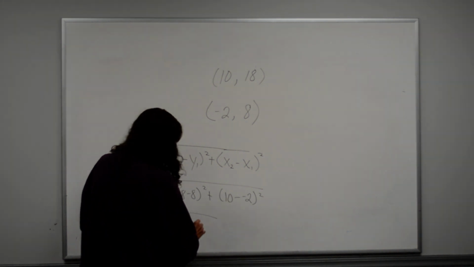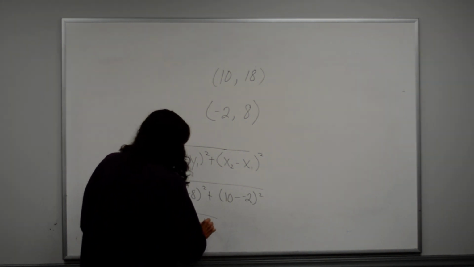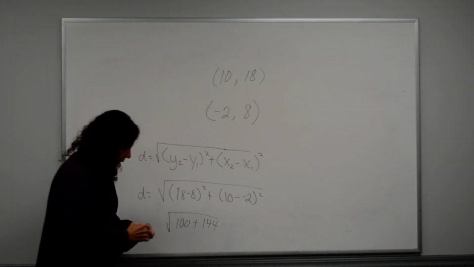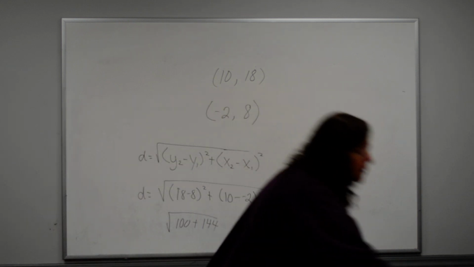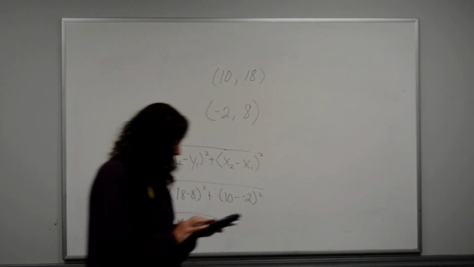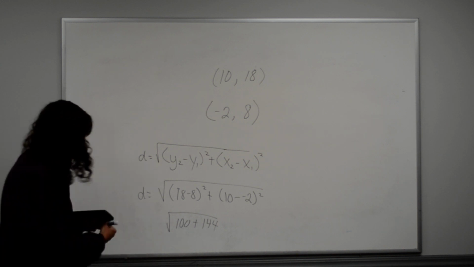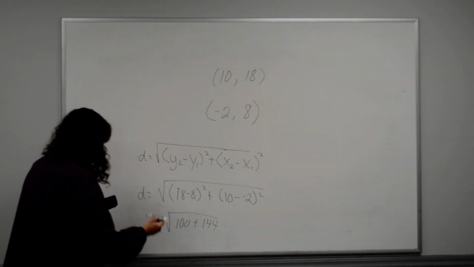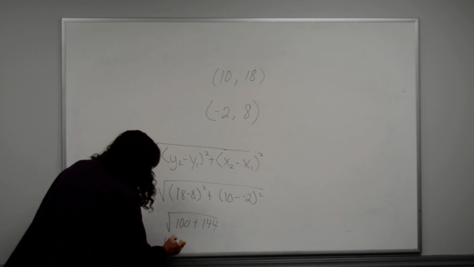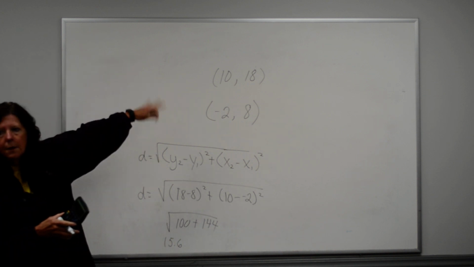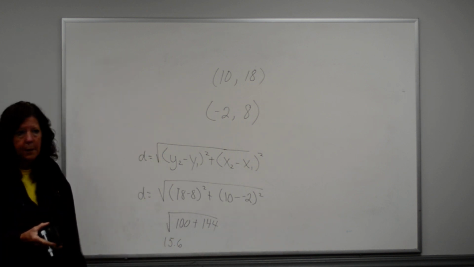This is going to be 12, which is going to give me 144 when I square it. So I'm going to take the square root of 244, which is not going to come out even. So it's going to be approximately 15.6 units between those two. Both of you okay with that?